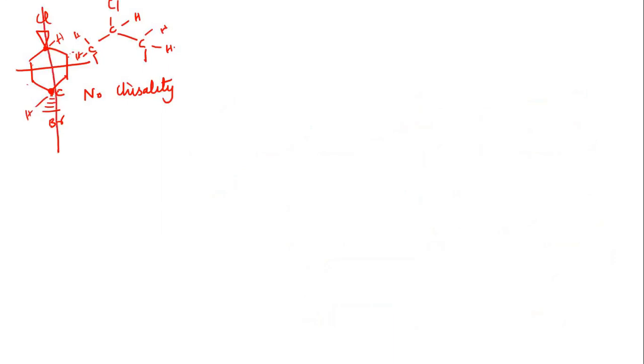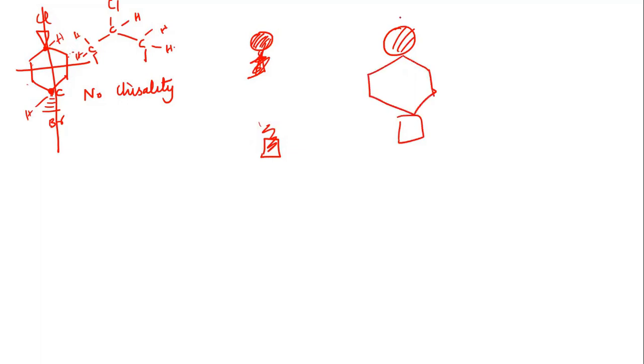When we cut this into this half, we have half of chlorine. Let's have this as chlorine, okay? And this is bromine. Now it's clear.